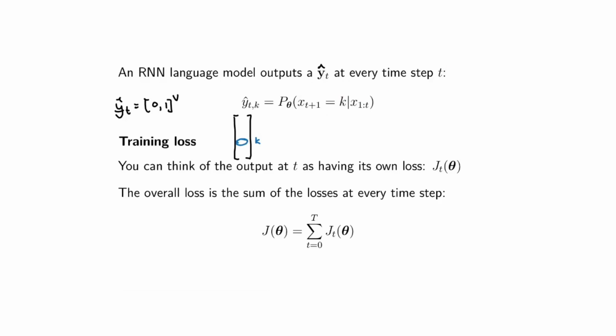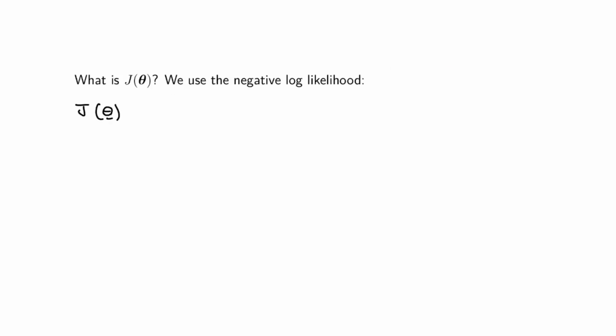What we can do now is think of each of the outputs of the model as having its own little loss function. So we've got a y1, a y2, a y3, and then we're going to sum all of that up. J of theta, what is it? We're going to use the negative log likelihood, which is what we've been using the whole time.